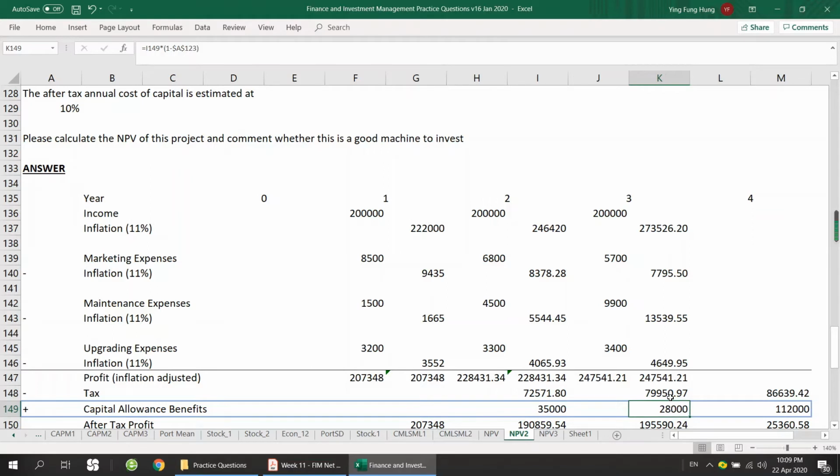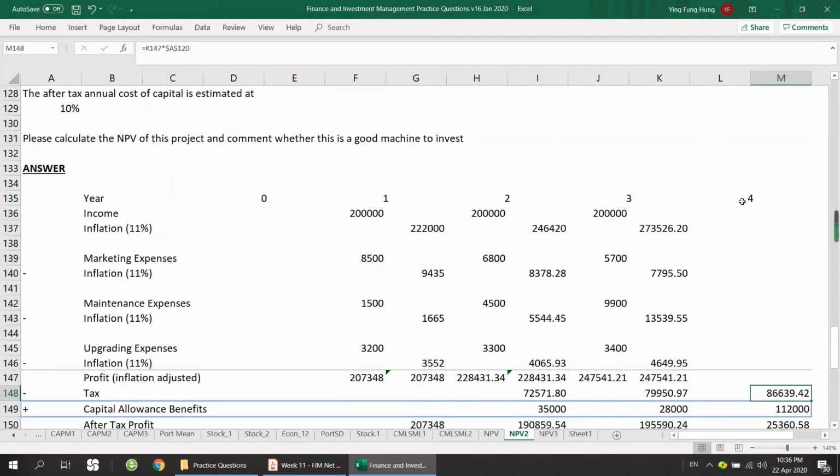And then the tax amount for the third year is going to be 35% of the profit in the third year, which is this 247.54121 multiplied by 35% tax, and then the tax amount in the third year will be 86.63942 thousand. And since we are going to pay this amount one year later, it means that we are paying this amount of tax in year 4.